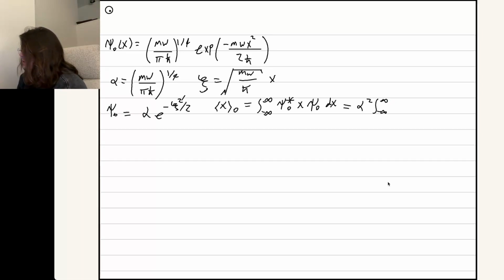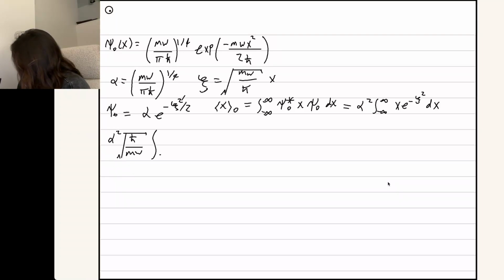And since the wave function is real, they just multiply together like this, and you get x times e to the minus c squared dx. We do have to change that x over to c using this equation here. It's not too hard, a little bit of algebra. You just invert the prefactor. So we have alpha squared times the square root of h bar over m omega.